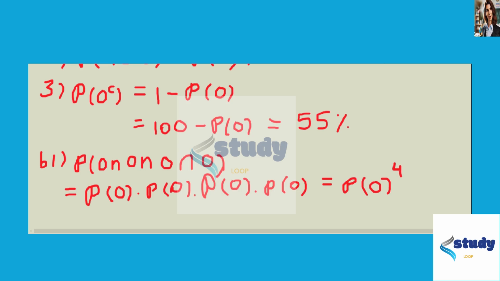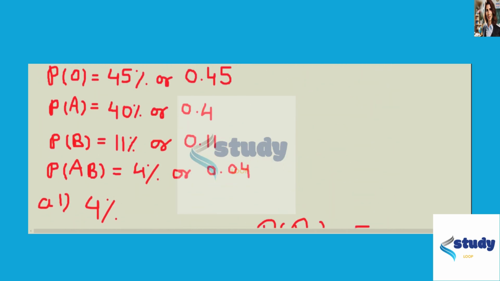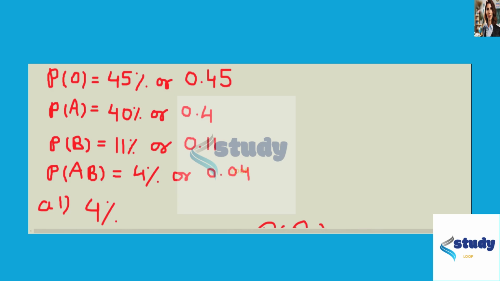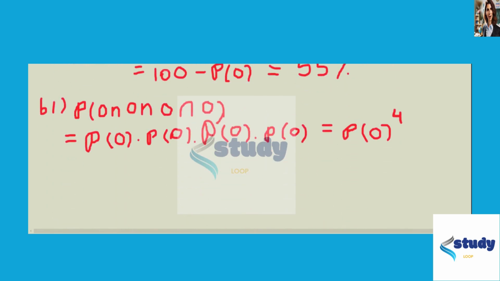The probability that a donor has type O blood is 0.45. So this is equal to 0.45 raised to 4, and so this is equal to 0.041.